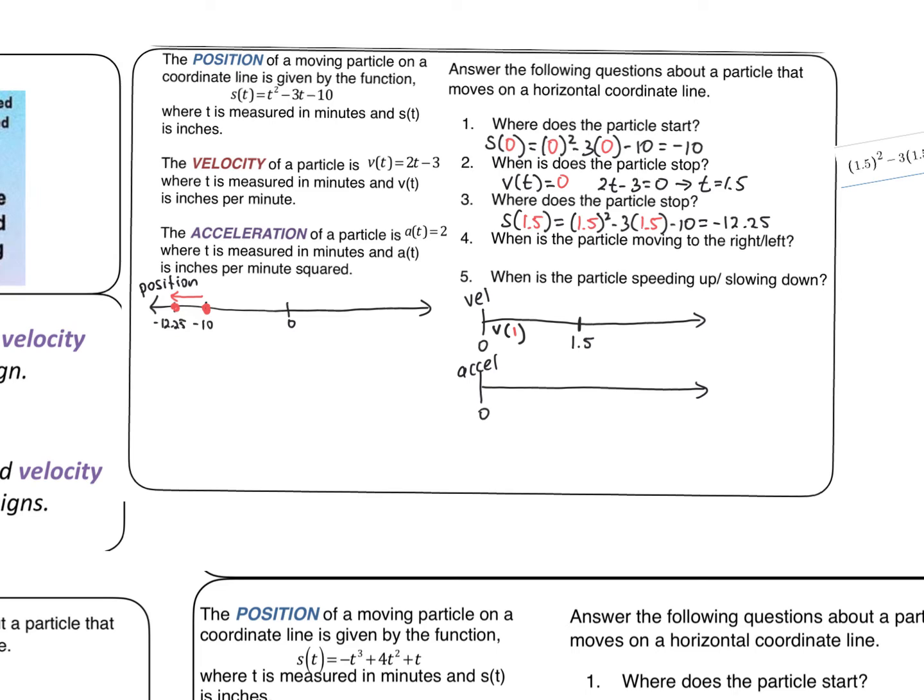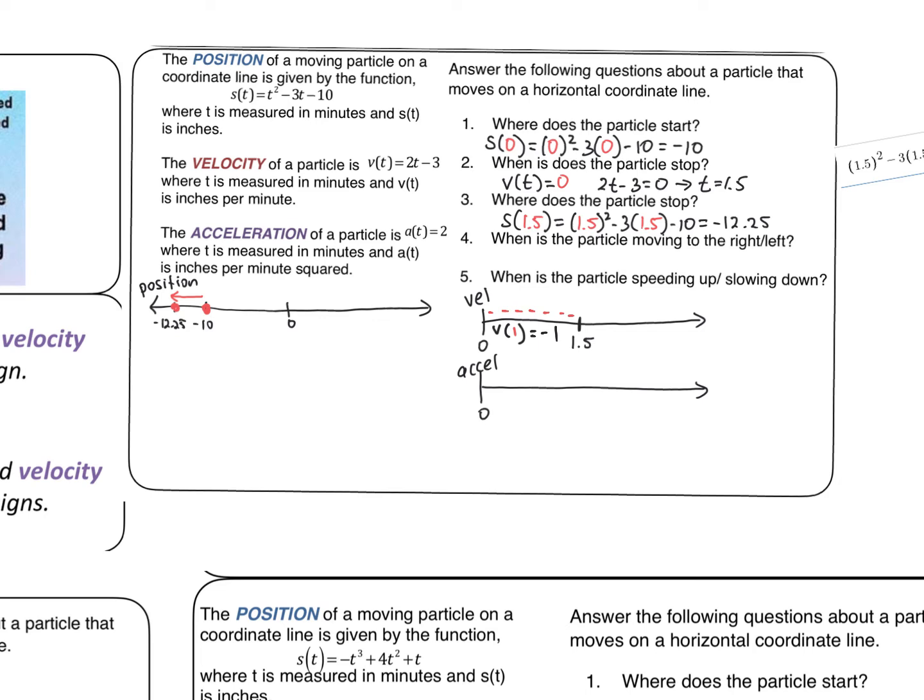With a little bit of armchair mathematics, I plug in a 1 for the velocity here, so I get 2 times 1 minus 3, that's going to give me a -1. So I know that the velocity is negative here, and therefore moving to the left.